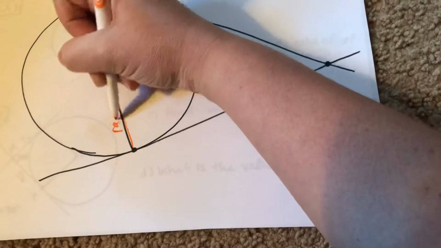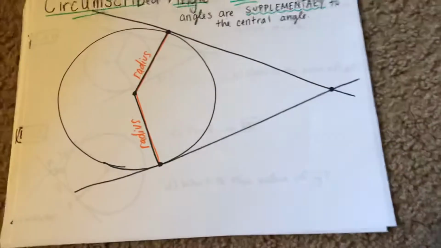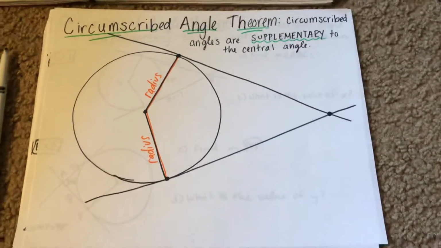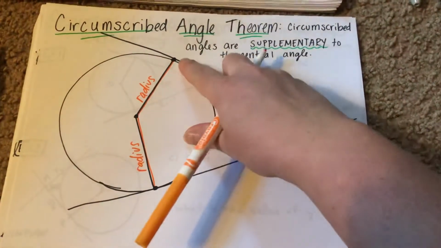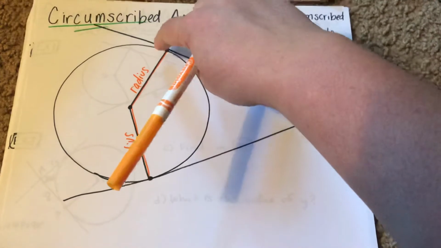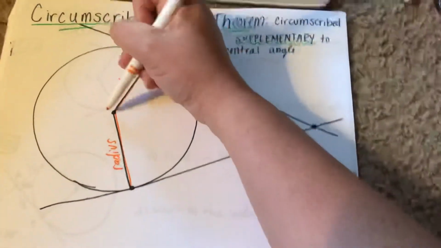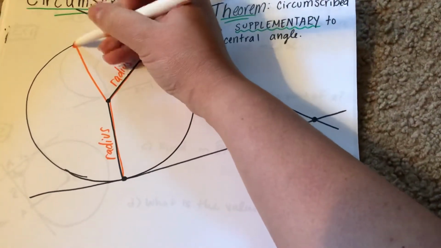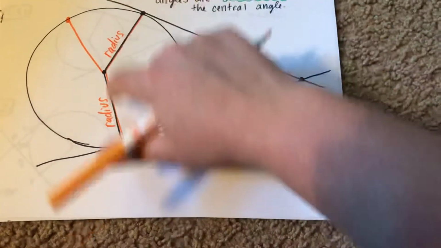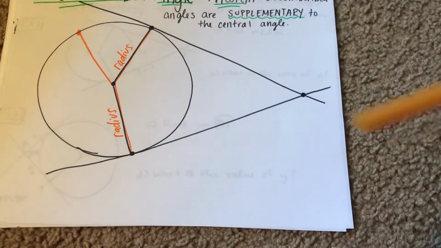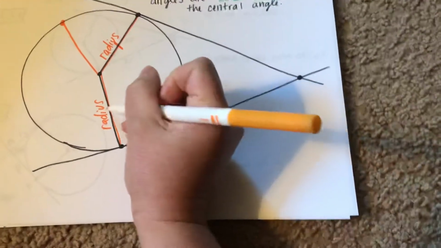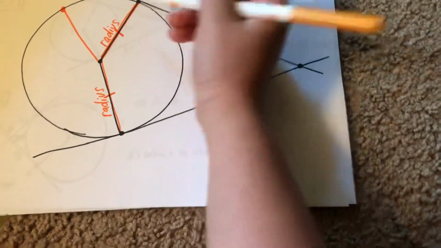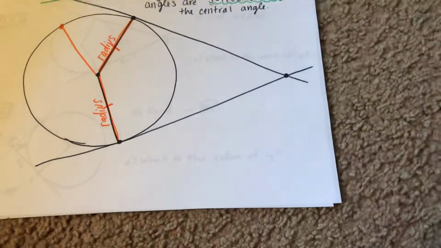The radius is the distance from the center of the circle to the edge of the circle. It's going to be the same no matter where you put your radius. So if I put another one over here, it's going to be the same distance as both of these radii that we've already drawn. Since radii are the same, we can say this is congruent to this, meaning this radius is the same distance as this radius.